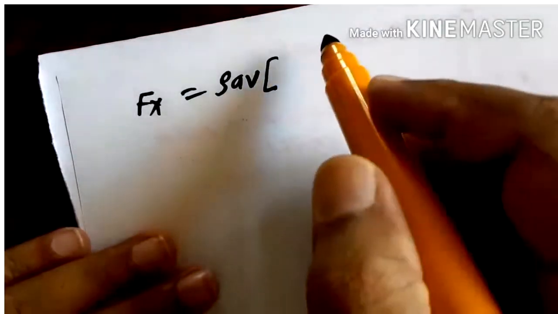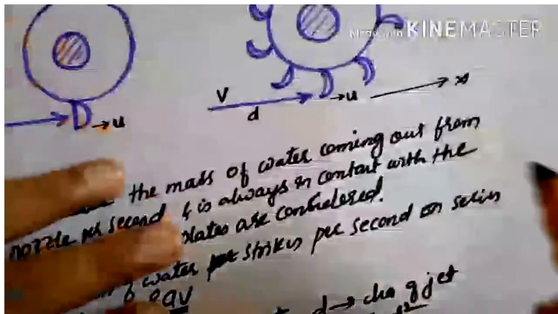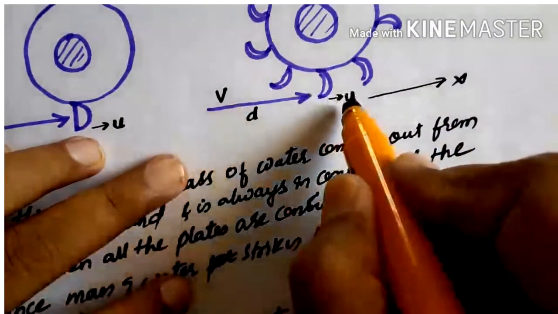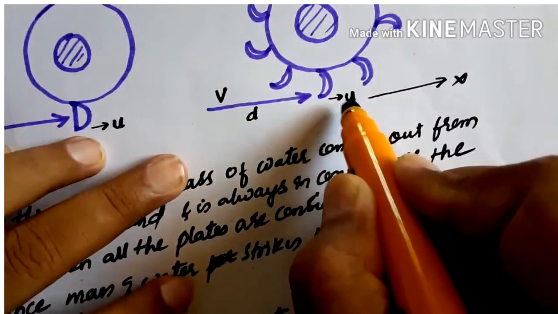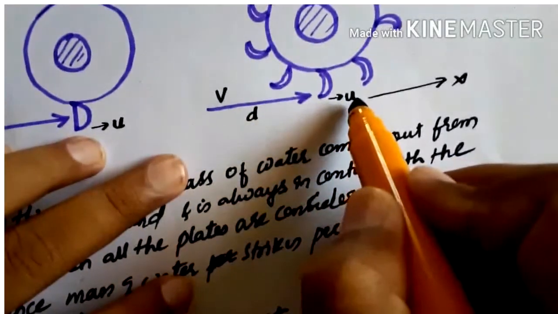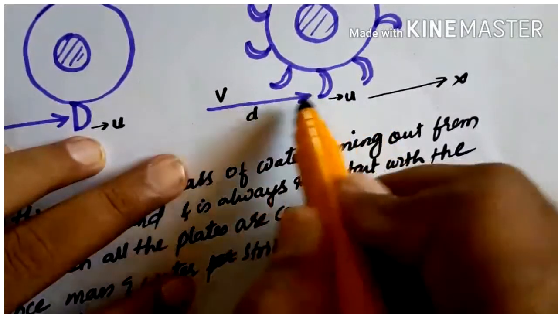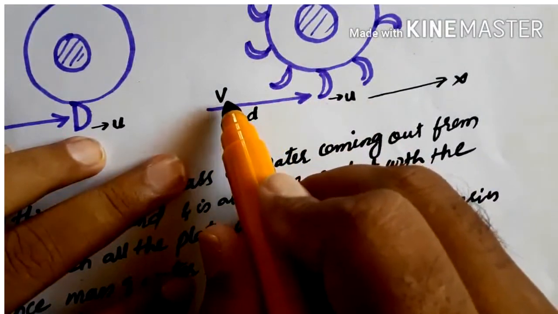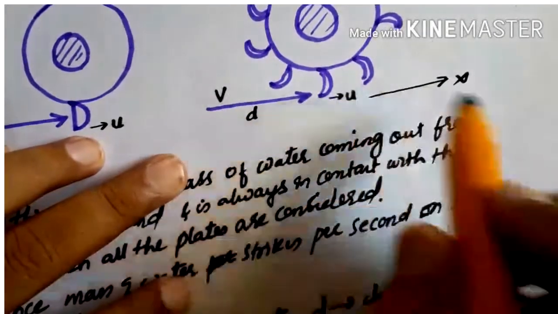Initial velocity will be what? The jet is striking with a velocity v, the vane is moving with a velocity u, so the initial velocity taken is v minus u. Because both the vane and the jet are moving, we have to take the relative velocity as the initial velocity.